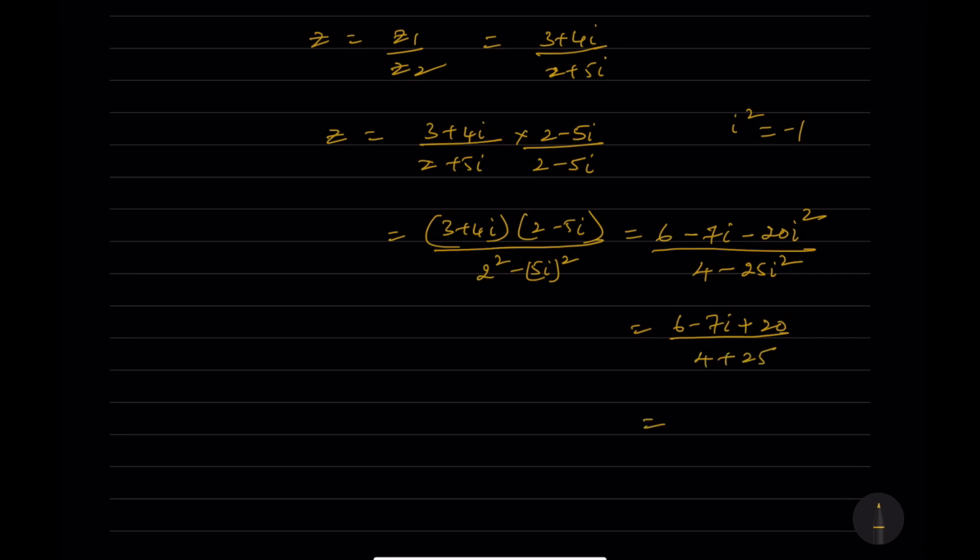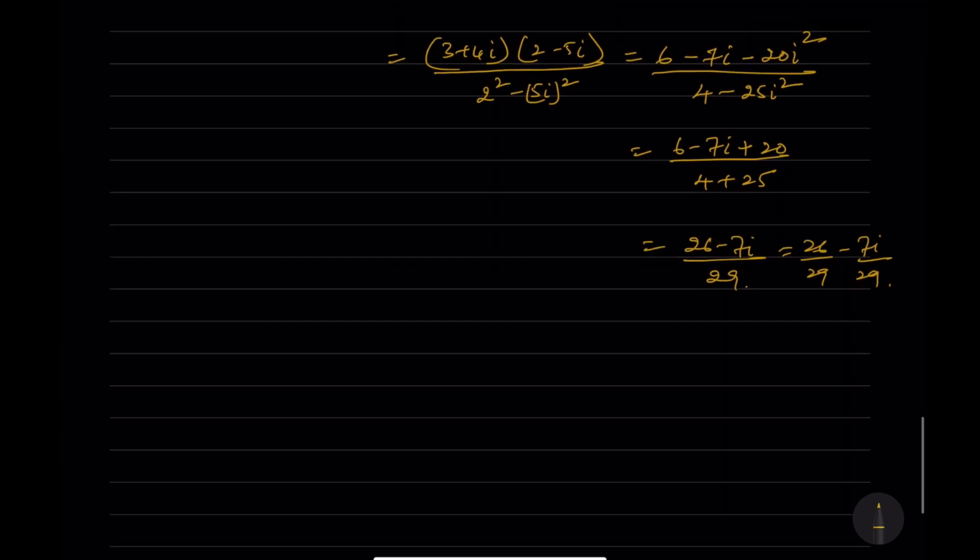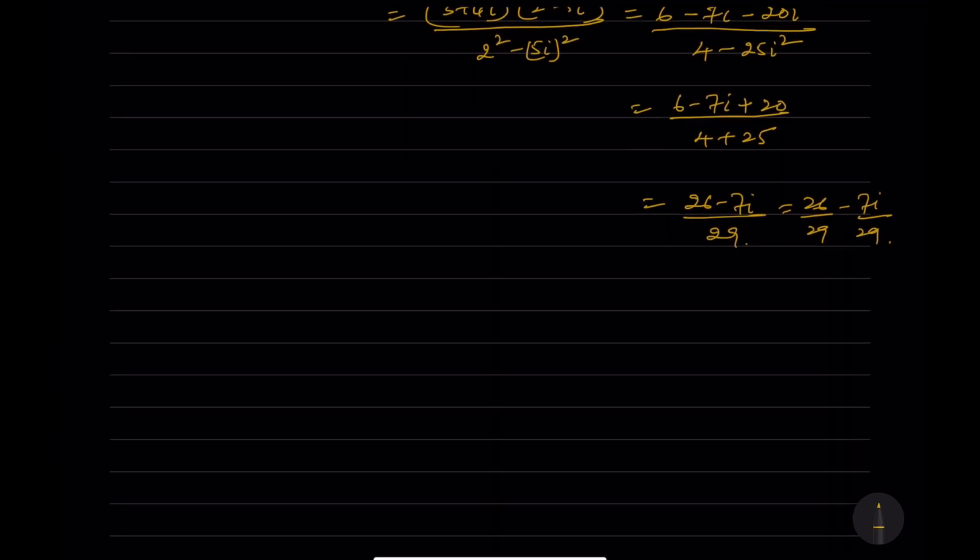Which is equal to 6 plus 20 is 26 minus 7i divided by 29. So now you can write this as 26 by 29 minus 7i by 29. It's a combination of both a real number and an imaginary number, which is a complex number. So now we have seen all this.